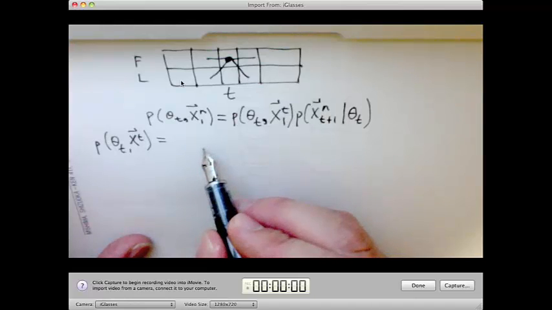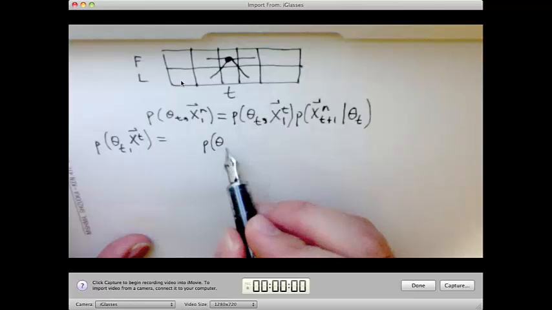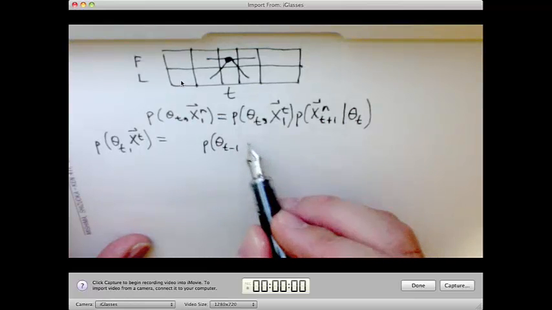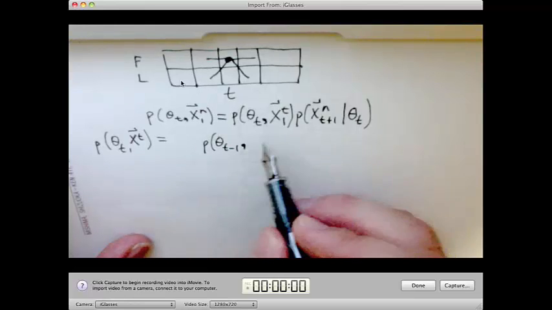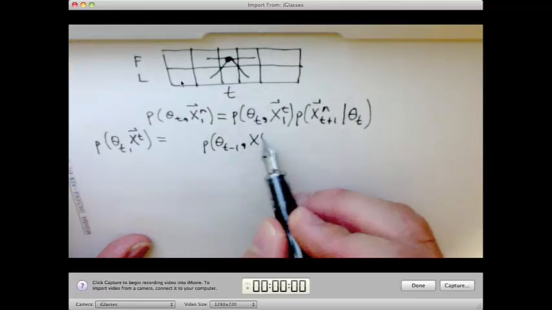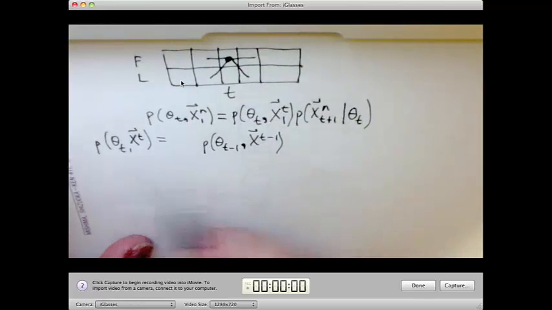So I'll just write this in terms of theta t minus 1. I think you can see that that's just exactly the same thing, but shifted over to the left by one step.